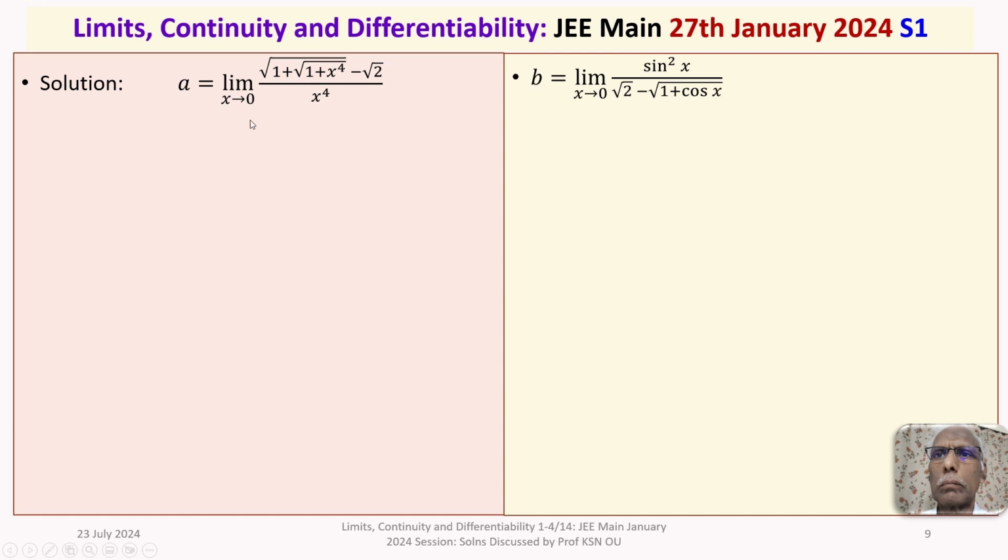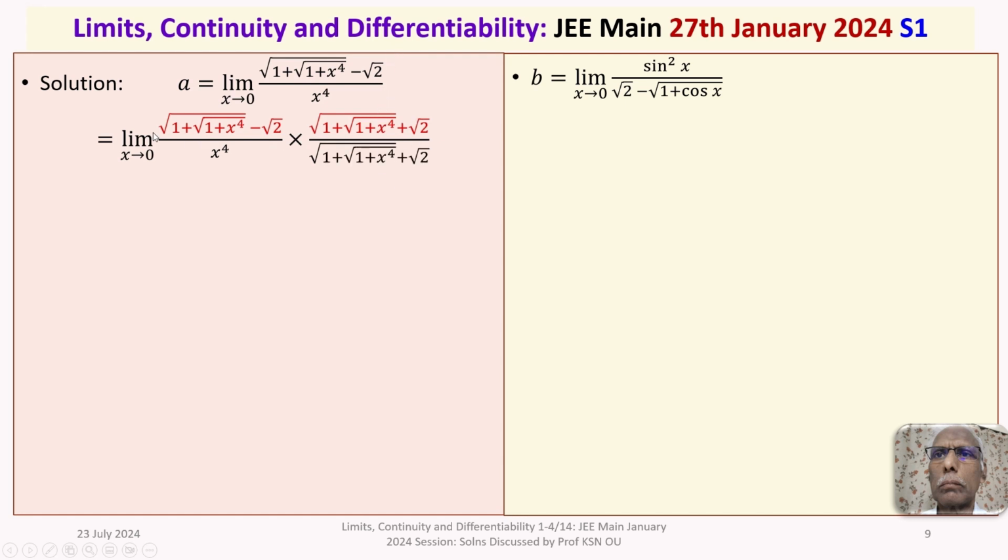Right. To evaluate A, we will rationalize the numerator. That means we multiply and divide by under the square root of 1 plus under the square root of 1 plus x to the power of 4 plus root 2. So limit x tends to 0, this is the function, and this is the rationalizing factor.